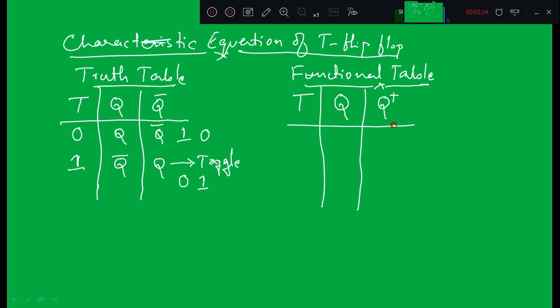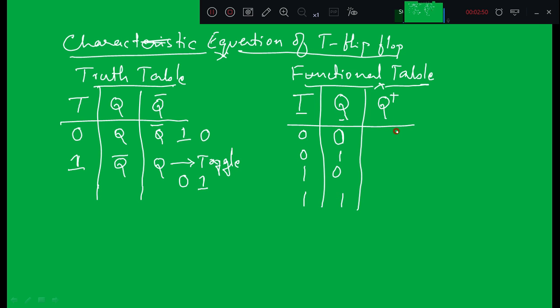Again we will assume the control input is always applied and the flip-flop is enabled, either on the rising edge of the control input or on the high level of the control input. Since there are two inputs, T and Q, we can write 4 combinations: 0 0, 0 1, 1 0 and 1 1, right?